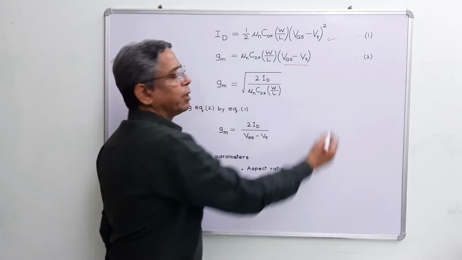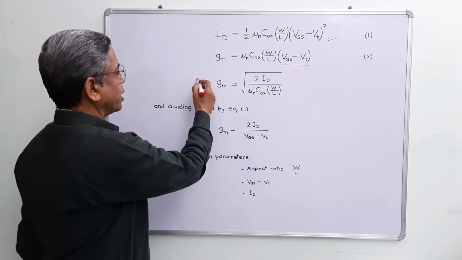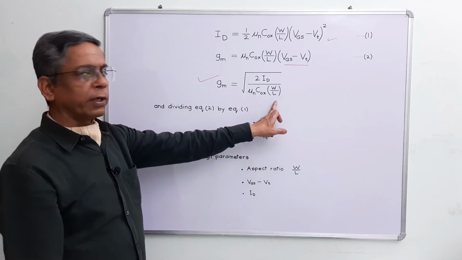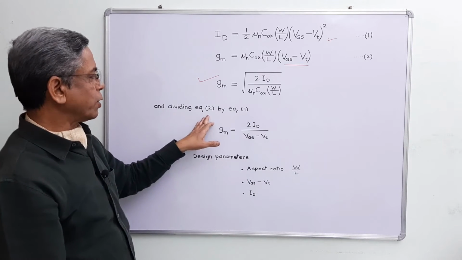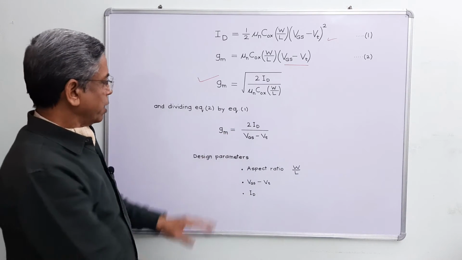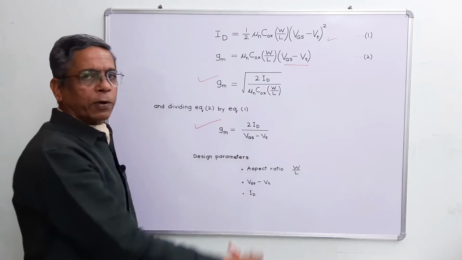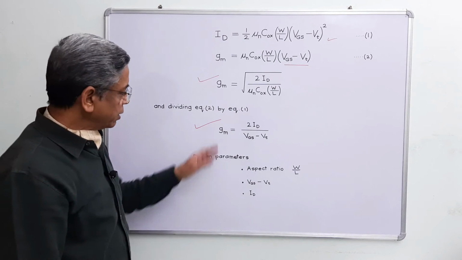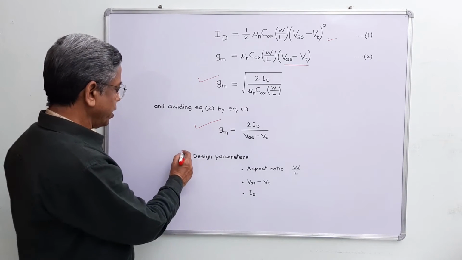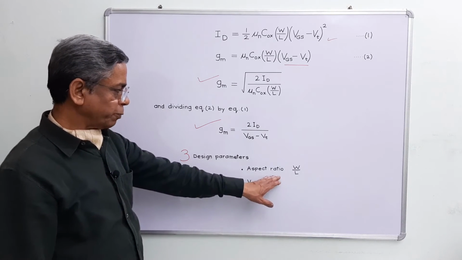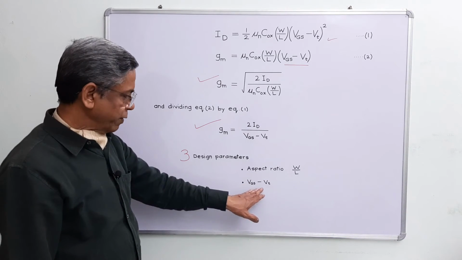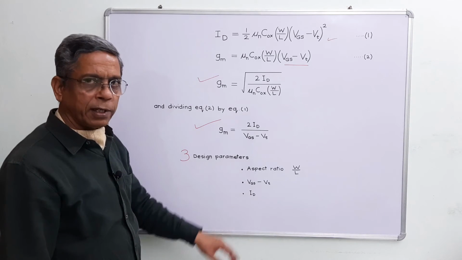When we substitute the value of this factor from this equation, we get one more expression for transconductance in terms of aspect ratio and drain current. Also, we can divide equation 2 by equation 1, and we get another expression for transconductance. In this way, we have three design parameters to select from. The very first one is the aspect ratio, the second is VGS minus VT, and the third one is ID.